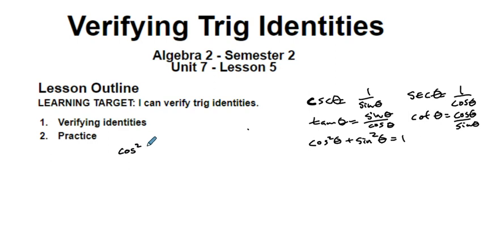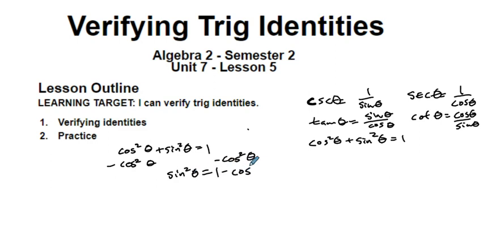So if we have cosine squared theta plus sine squared theta equals 1, and we solve for sine squared, you subtract cosine squared from both sides. That gives you sine squared theta equals 1 minus cosine squared theta. So we're going to put that one down here. This gives you something that's solved for sine squared.